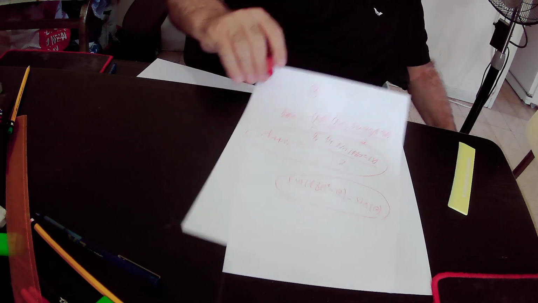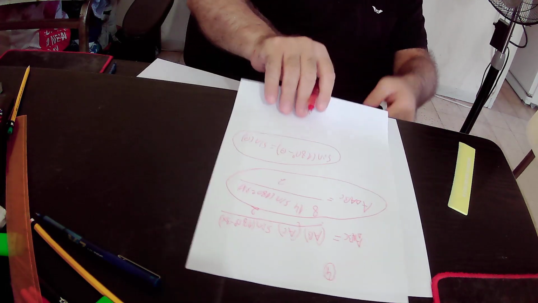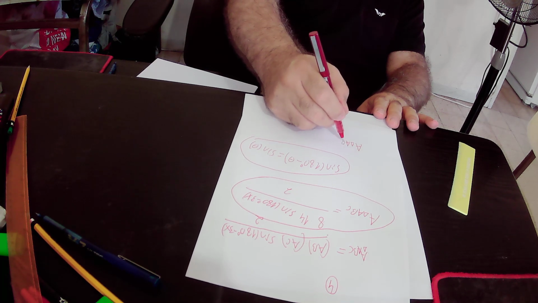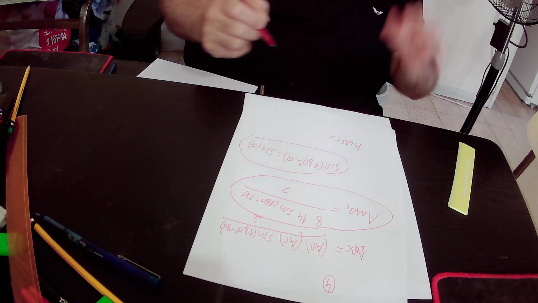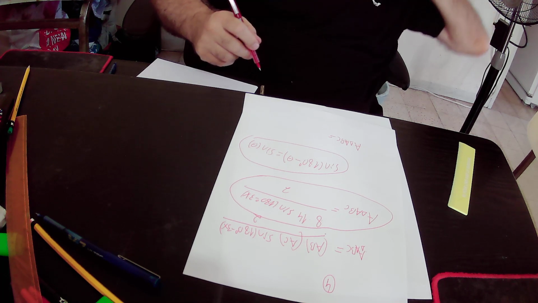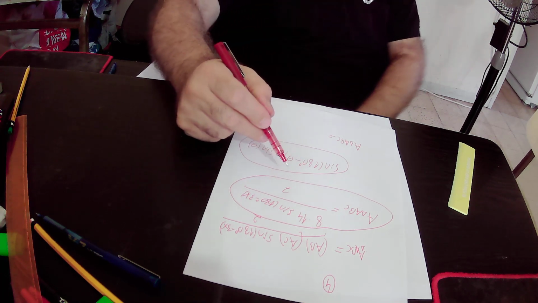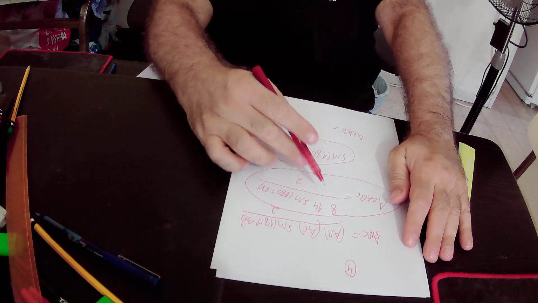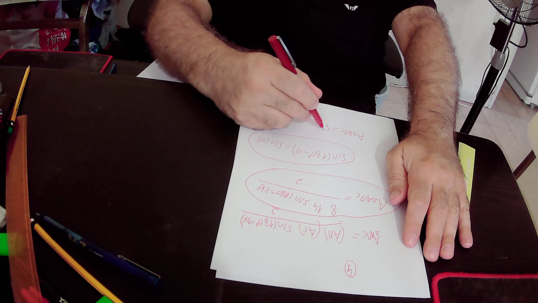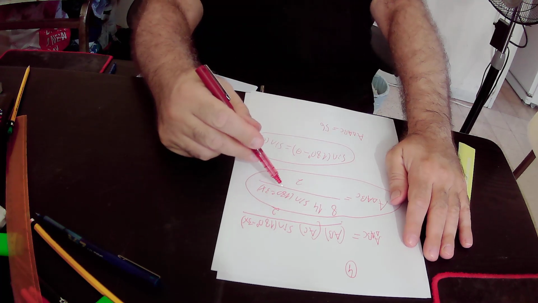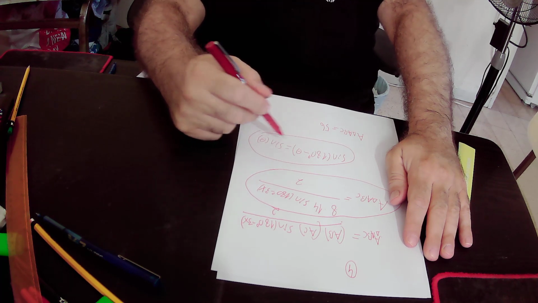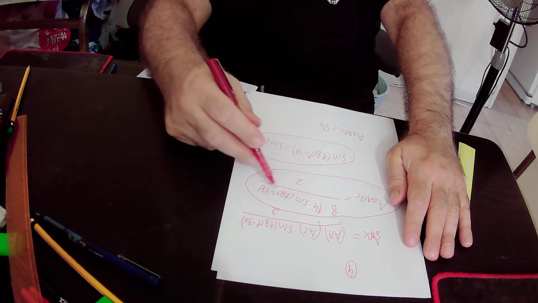So I'll write it down. The area of triangle ABC will be equal, here 14 over 2 is 7, and 7 times 8 is 56, and here sinus of 180 degrees minus 3x according to this trigonometric identity equals sinus 3x.